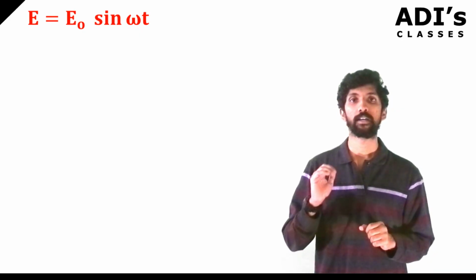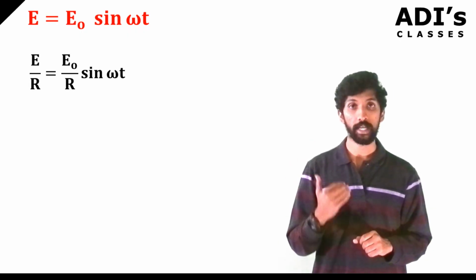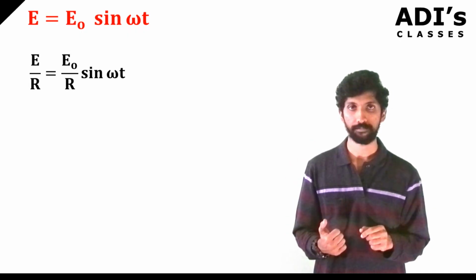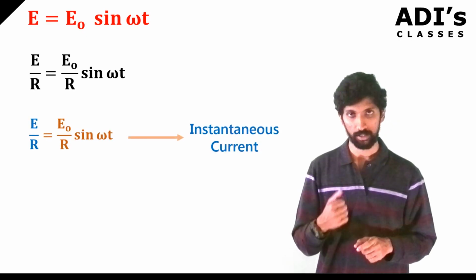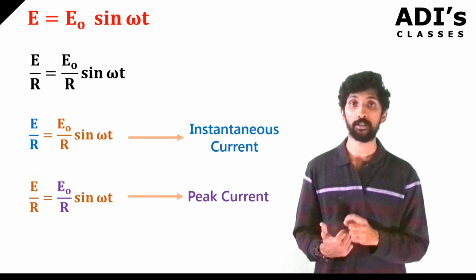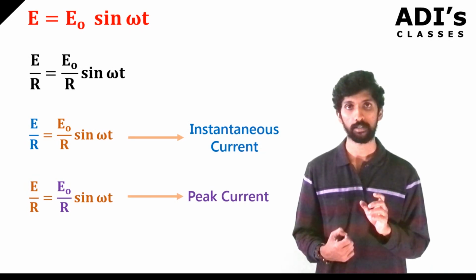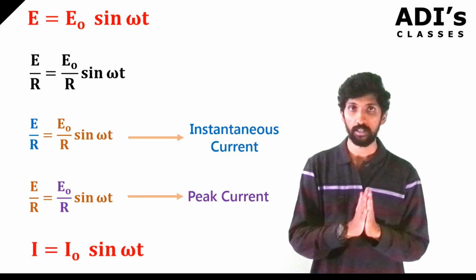So we have E by R, which will be equal to E naught by R sine omega t. Now E by R will be the instantaneous current, which is I, and E naught by R will be the peak value of the current, which is I naught. So we get I is equal to I naught sine omega t.